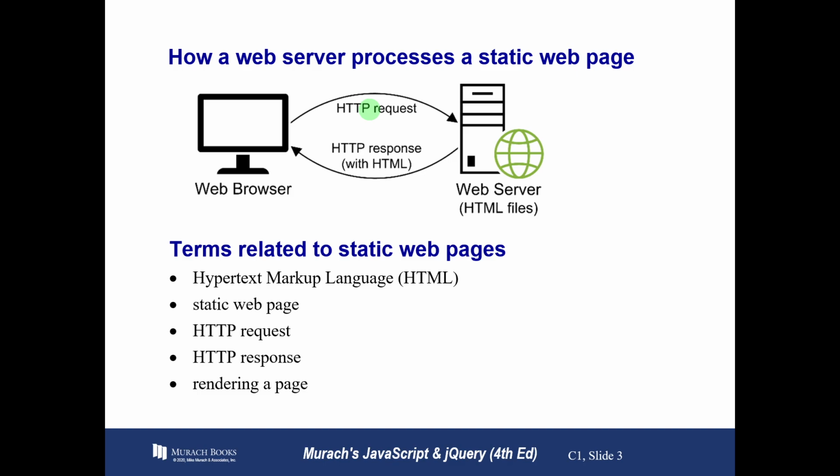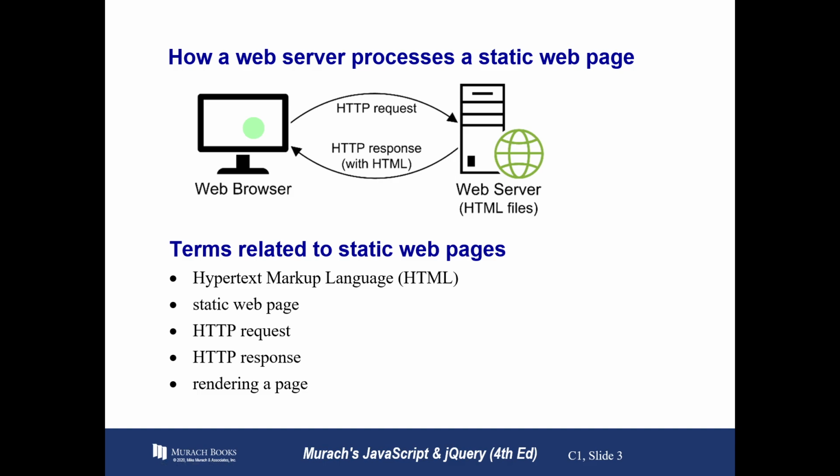You've seen those letters in web addresses before, I'm sure. So the web browser makes a request using HTTP out to a web server. And generally it asks for a file of some kind. And the web server says, hey, I have that file, and it sends back an HTTP response and sends a file back to the web browser. And that's a static page.